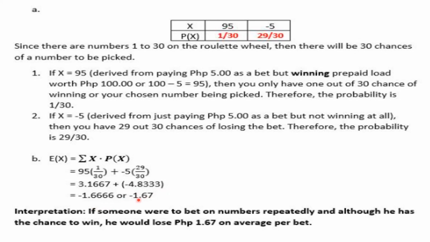It only implies that if someone were to bet on numbers repeatedly, although he has the chance to win, he would lose 1.67 on average per bet. So it is expected for him, or for her rather, to lose 1.67 pesos in each bet.